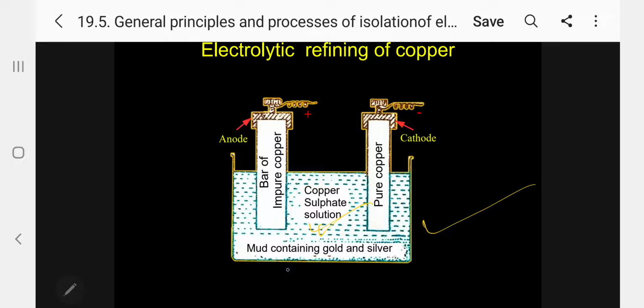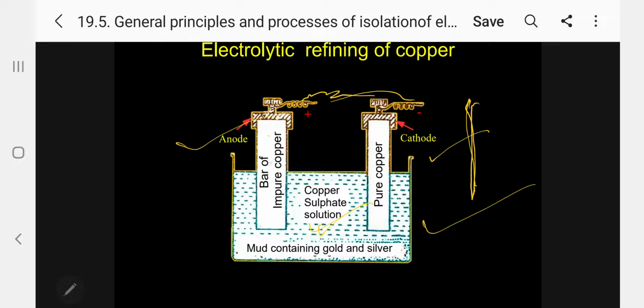Kindly follow. Mud containing gold and silver will settle at the bottom. So here this impure copper rod is connected externally by a wire. This is the cathode, this is the anode, this is the pure copper. So what will happen now? Actually it is shown as a rod, but you can just assume it is a simple wire.